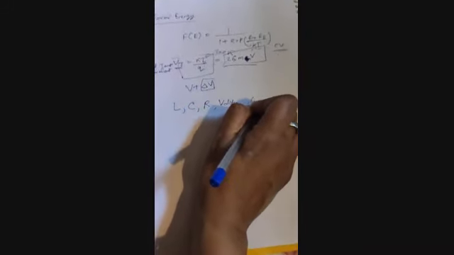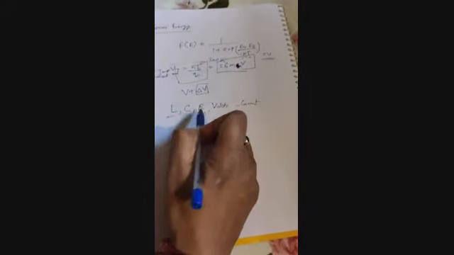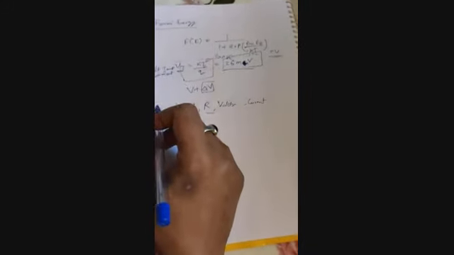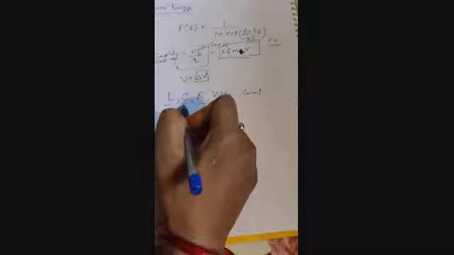For L, C, R, you have the different volt-ampere equations: V is equal to I into R, 1 upon C integral of I dt, L di by dt. You simply know the volt-ampere relations.